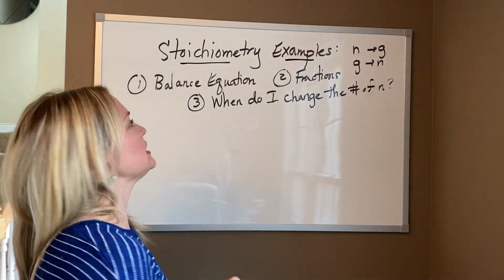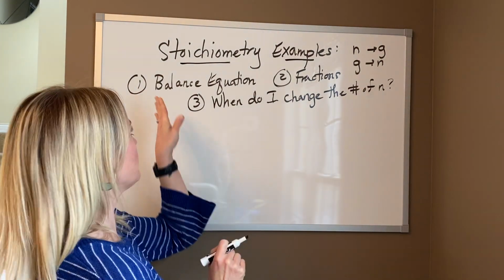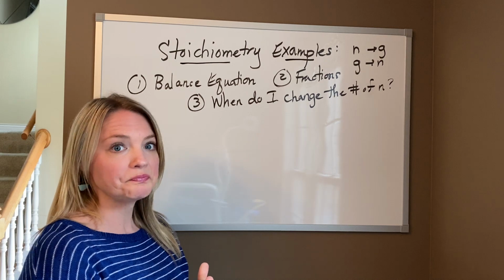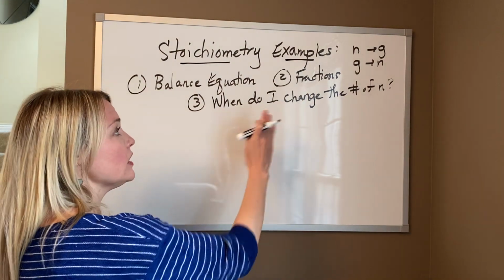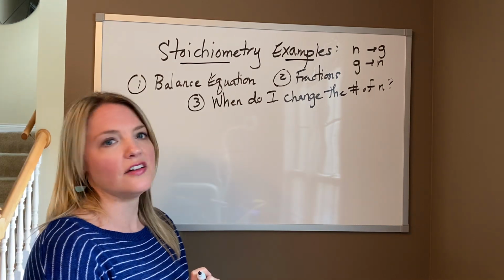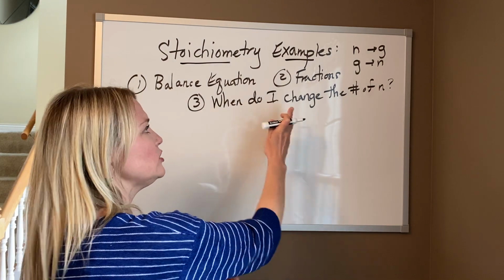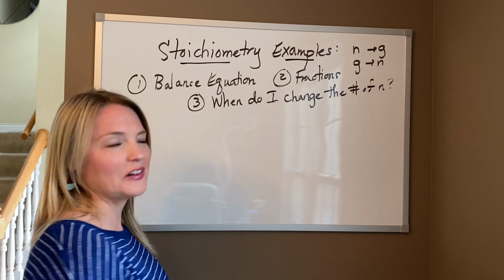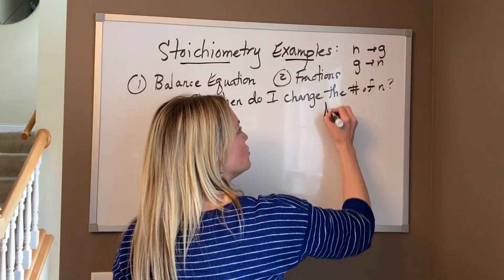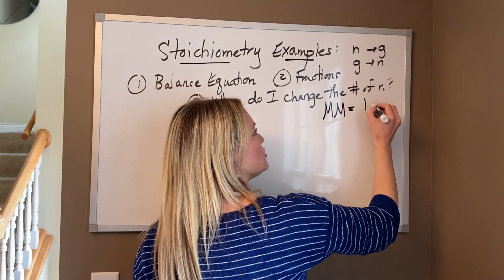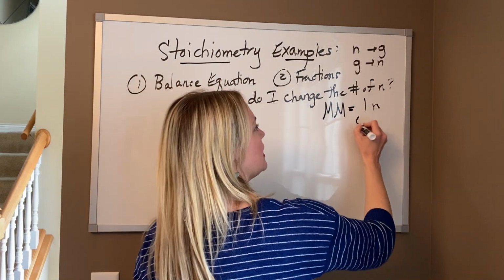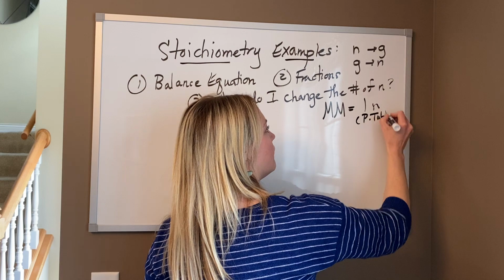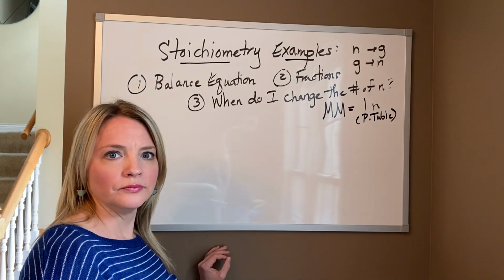A couple of things we need to remember are going to be extremely important. Number one, we need to balance the equation. Number two, we need to work in fractions. And if you can figure out number three, you're going to have this easy: when do I change the number of moles? Anytime you use molar mass off the periodic table, that is 1 mole.